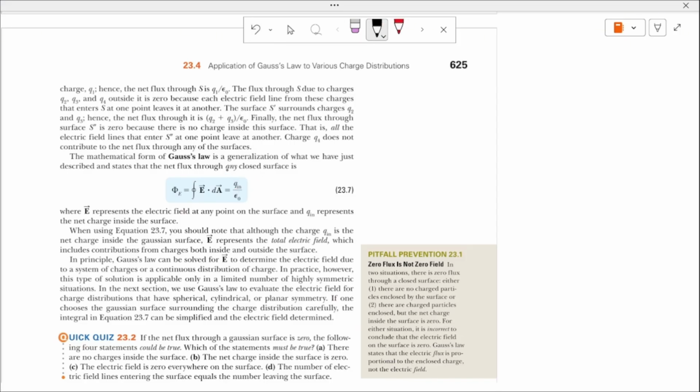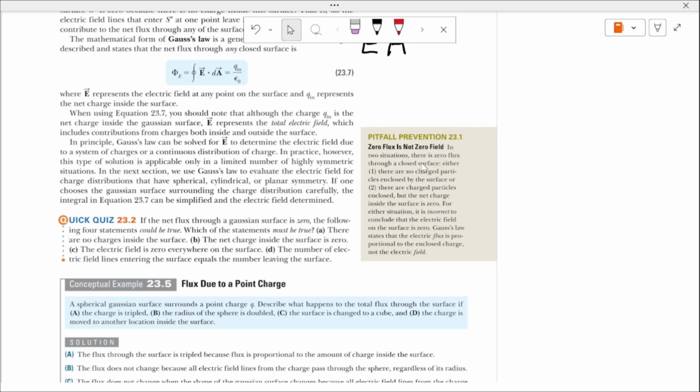And this expression is going to be used to calculate not the flux, usually, but the electric field on the surface of our Gaussian surface. So most of the time, this weird-looking integral that we're not really used to will always simplify to just E times A, like in our sphere example, due to symmetry.